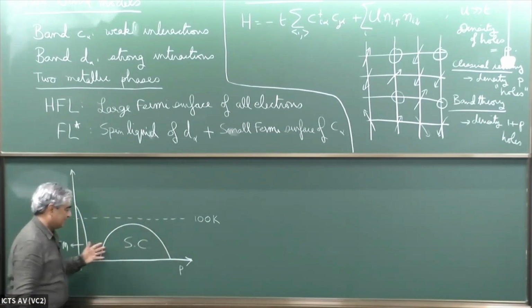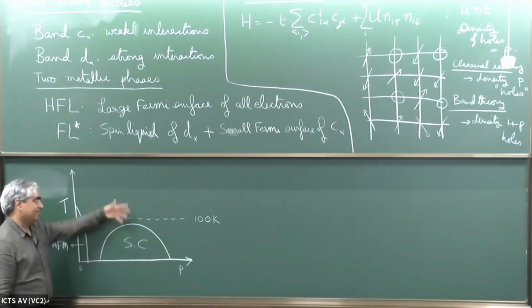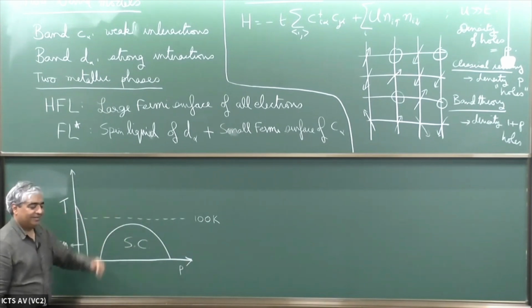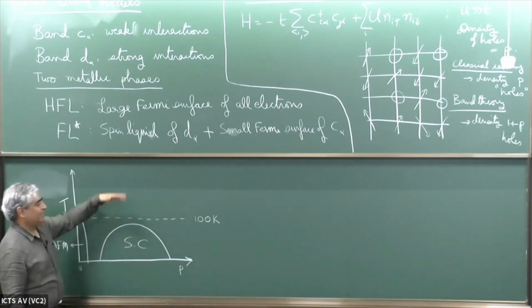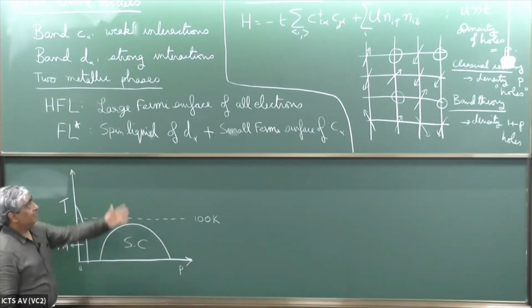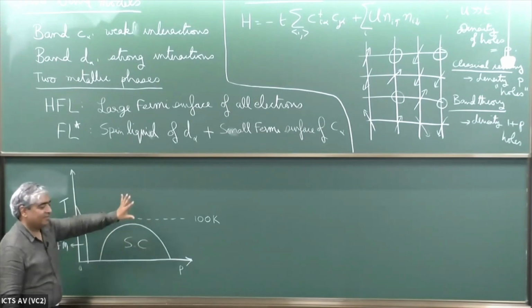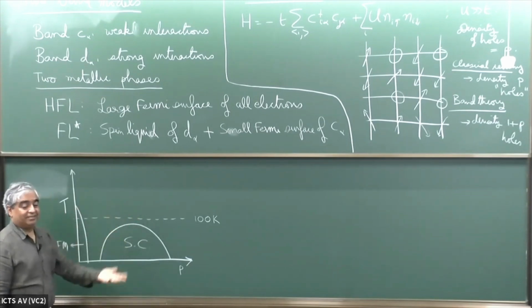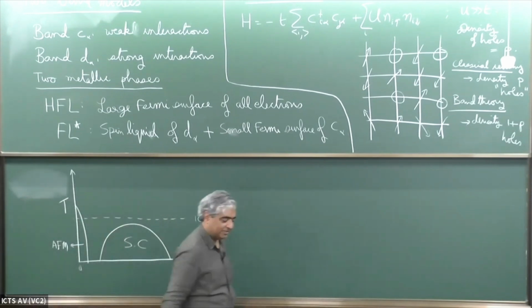We should first understand what's happening down here, and then fluctuate or whatever is happening here, and that will tell you what's happening up there. I don't buy that point of view. I think 100K is still very low compared to the exchange coupling J, which is 1800 Kelvin or something like that. So it's still a very low temperature, and we should really think about what's happening here as quantum phases in their own right. We should be able to describe them and fit the experiments.